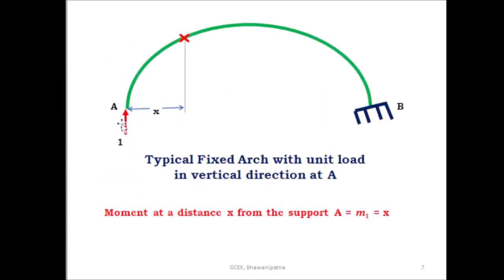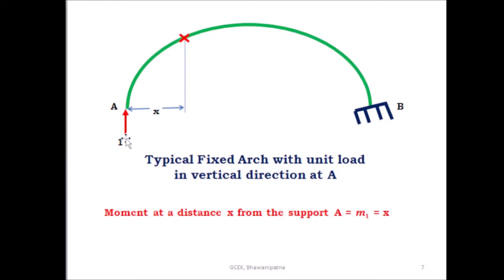So let us take the unit vertical reaction at A. Due to this unit vertical reaction, what is the moment here? This is M1. M1 is equal to 1 into the perpendicular distance.